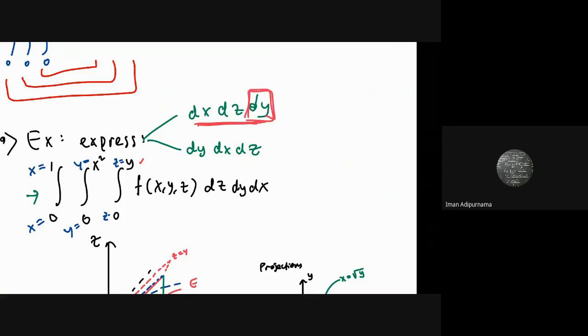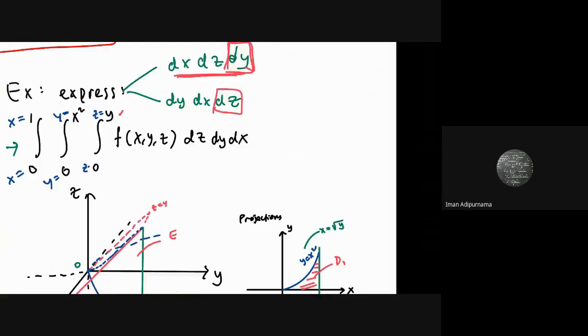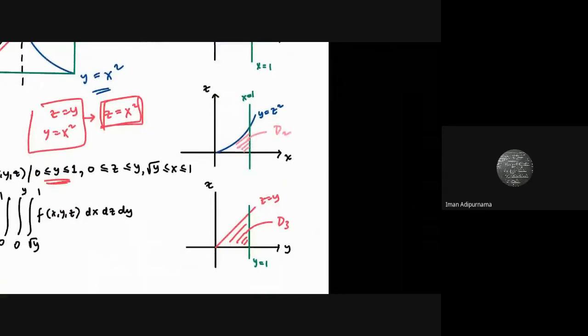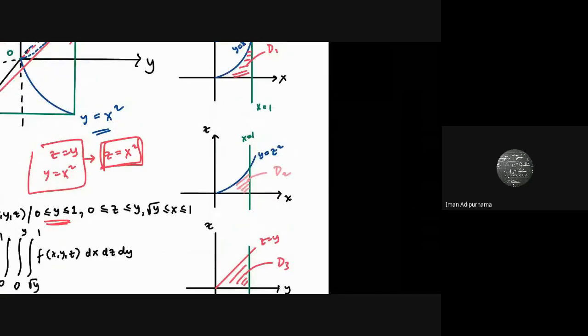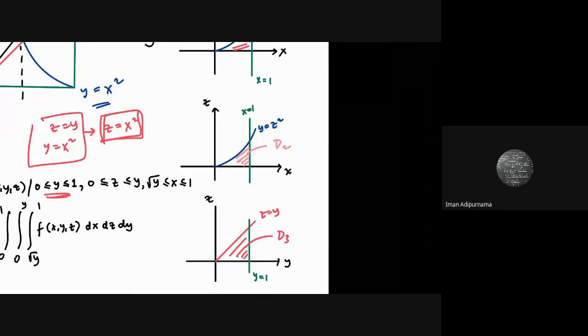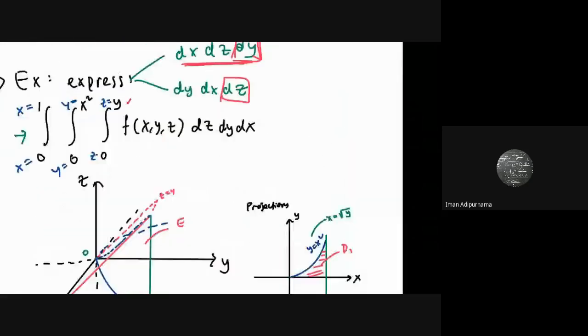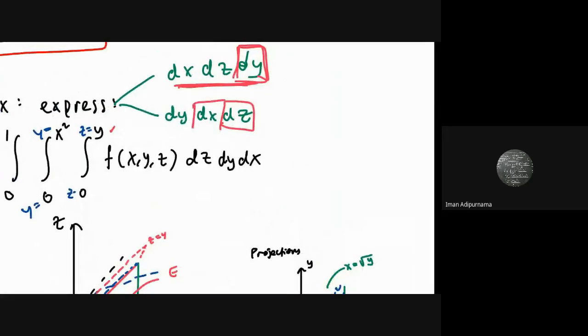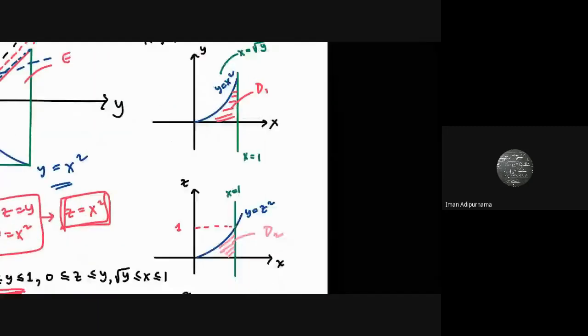But the second one is z, so we need to take z as a constant. So z as a constant, if you look here, you will get all the notions that z equals 1, right? Either y or x, they both will equal z equal 1. But later, the second is dx. So we need to take dx.